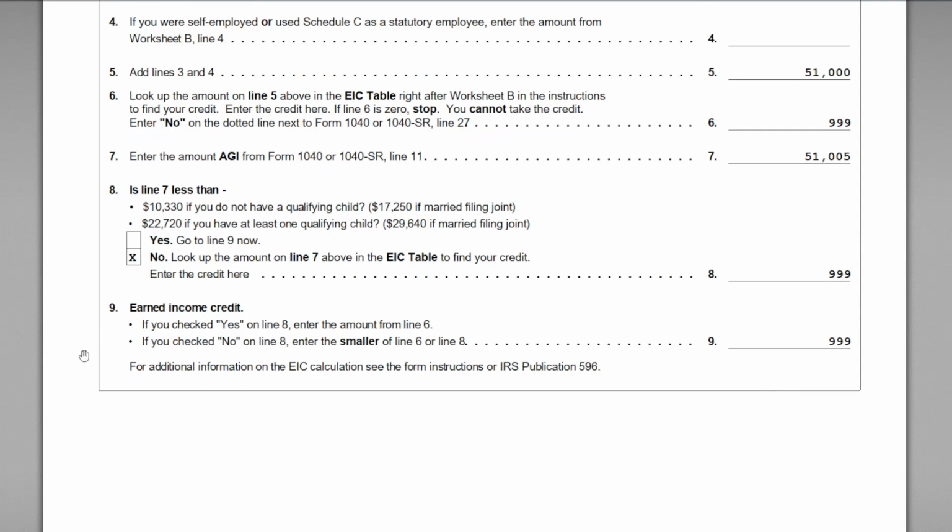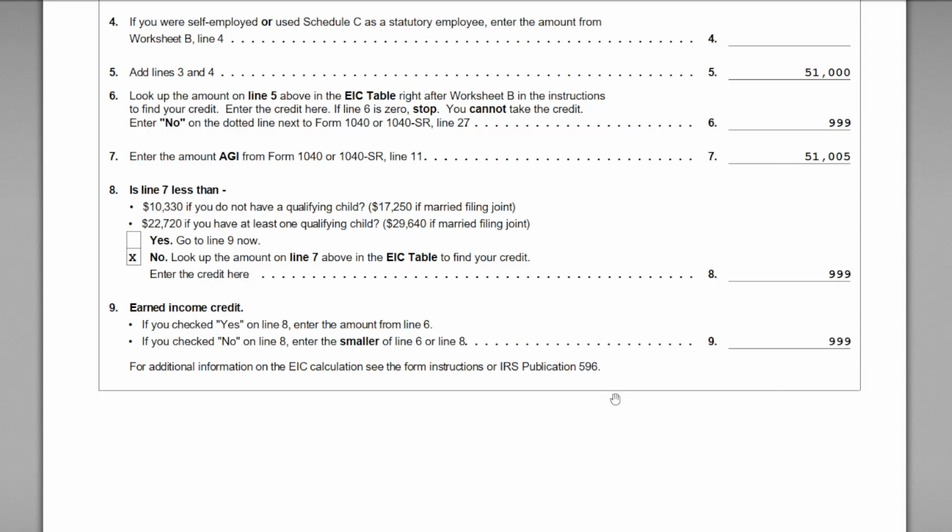And then now, finally, the earned income credit. If you checked yes on line 8 above, enter the amount from line 6. If you checked no from line 8 above, enter the smaller of the two numbers. So enter the smaller of line 6 or line 8. In our case, it's the same value, so $999 is our credit amount.